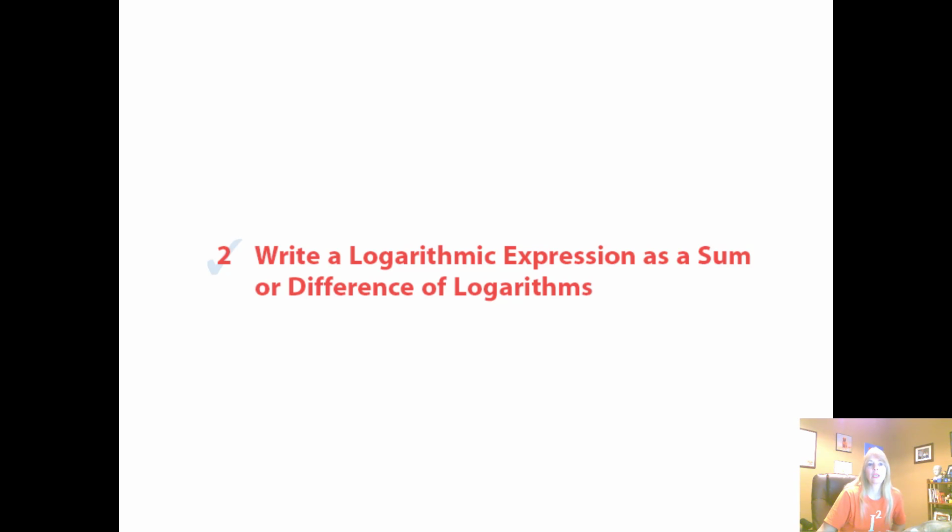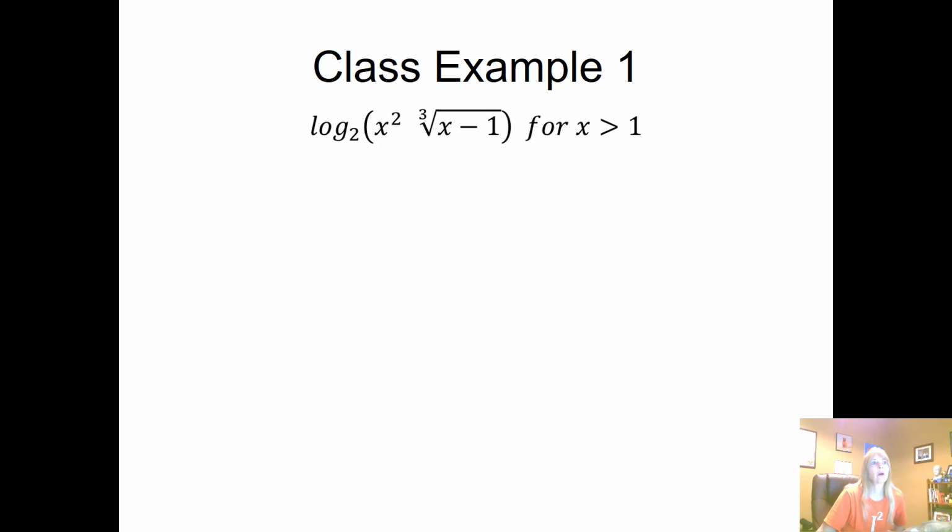So let's actually look at writing a logarithmic expression as a sum or difference of logarithms. So we start out with this logarithmic expression, and what I want to do is basically separate it in pieces. So the first thing I notice is that it's being multiplied, and so multiplication becomes addition.